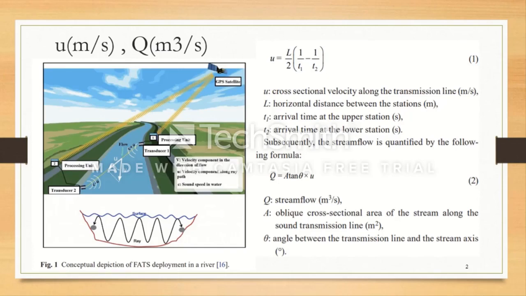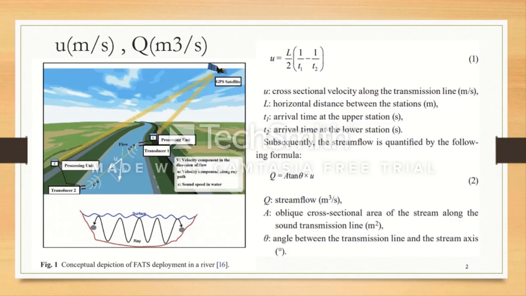Formula number 2 calculates the stream flow, Q. For calculating Q, we need A, the cross-sectional area of the stream along the sound transmission line, and the angle.